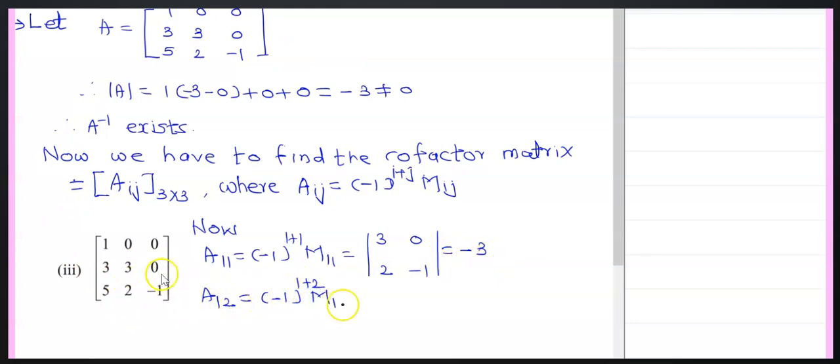Next is A12. Therefore this cancels this. That is 3 0 5 minus 1, and its value is minus 3, and minus minus will become plus 3.